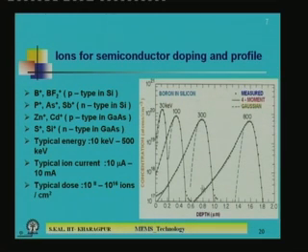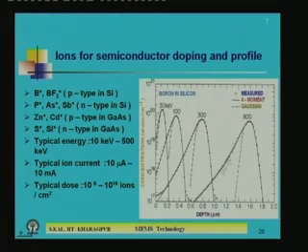If you want the Gaussian profile at a particular depth of the silicon, then go for 100 kV, there you will get the profile like this. With subsequent implantations, if you combine all these, you can get a profile like this. So by controlling energy and dose you can have any arbitrary profile in ion implantation, which is not at all possible in normal diffusion techniques.